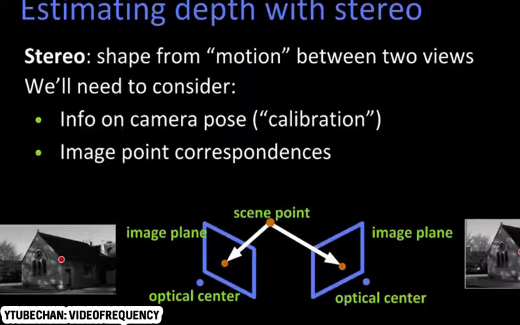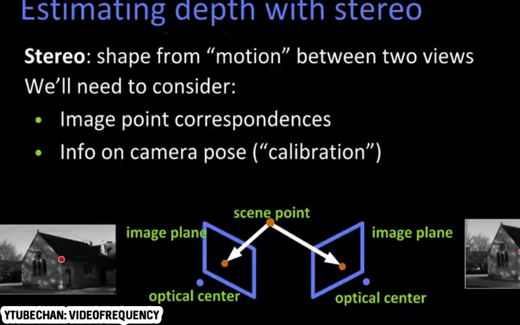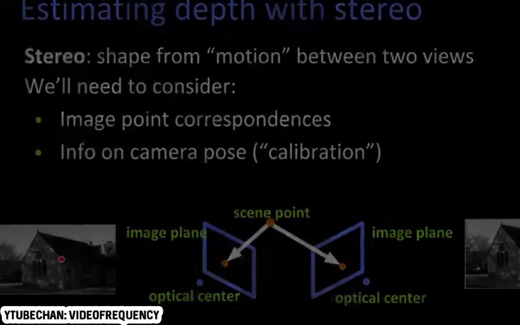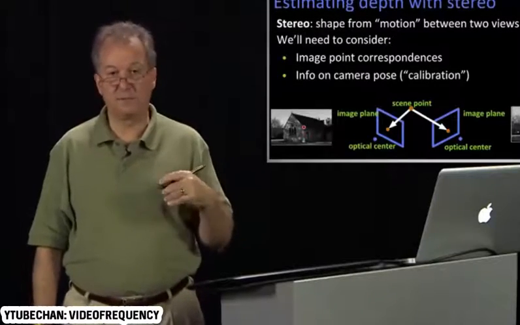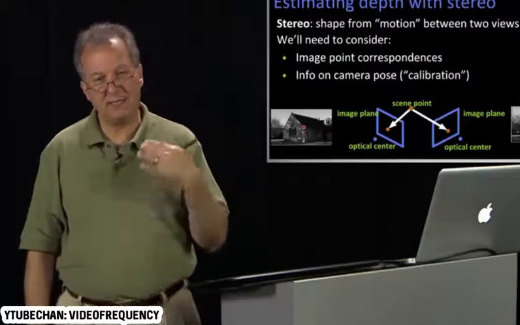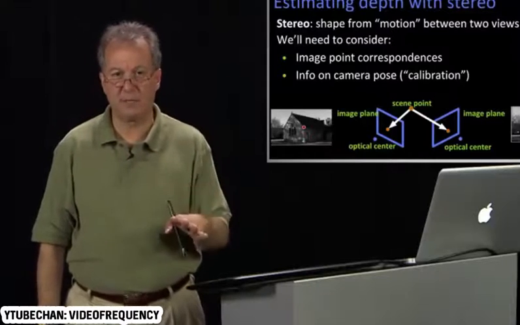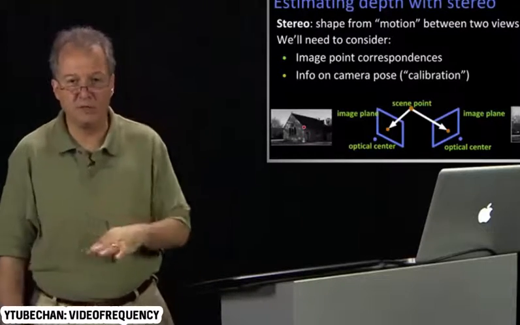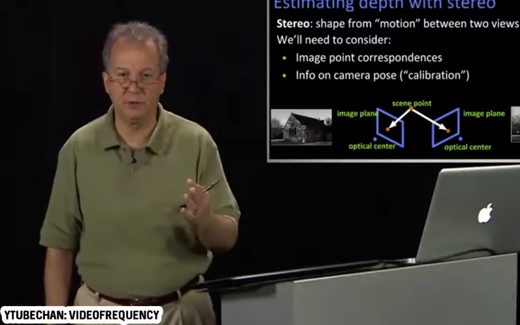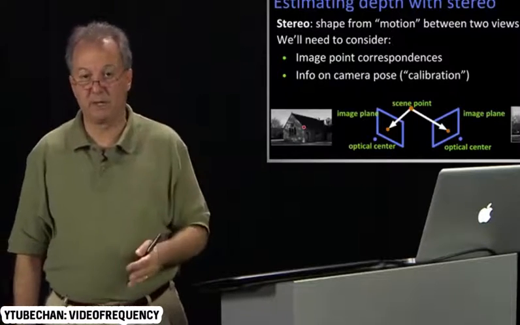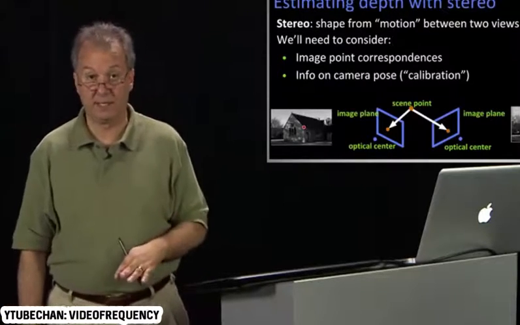So here you see the red dot in the two images, left and right, both corresponding to that front corner. What we're going to do is swap that order. We're going to talk about doing the image correspondences first, because that's what you're going to do for your problem set, and it's the fundamentals of stereo matching. And then we save calibration for later, because calibration is also used for a whole bunch of other types of geometric processing that we're going to do with the cameras.